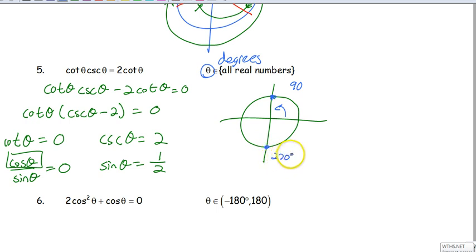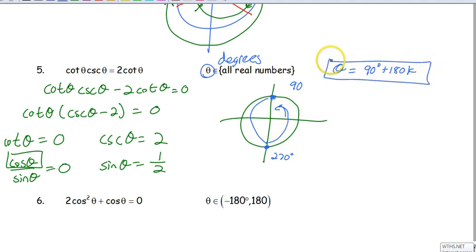Now, remember with cosine we did 90 plus 360k and 270 plus 360k, but this is the one time where, if you notice what happens, it just repeats itself every 180 degrees, just because it's at the top and bottom. This is the only time that happens. So for cosine, I can say that theta is equal to 90 degrees plus 180k, because it'll happen every 180 degrees around the circle.